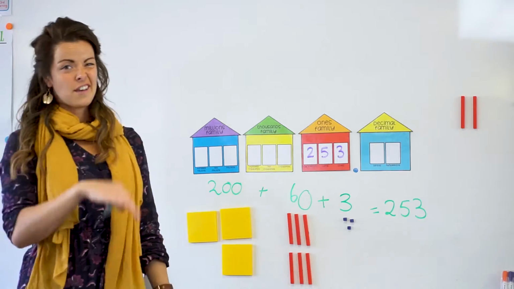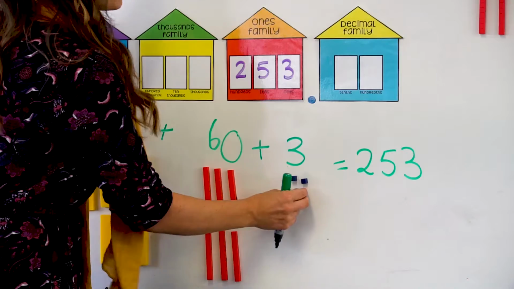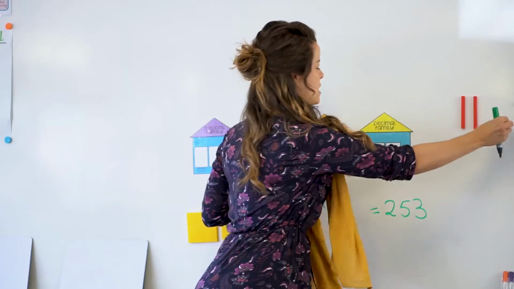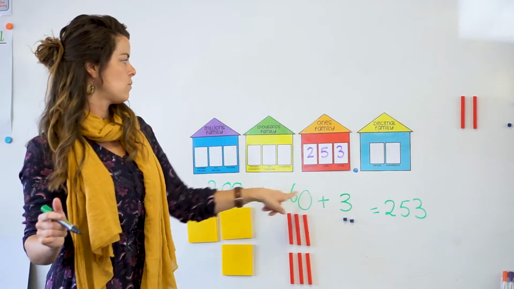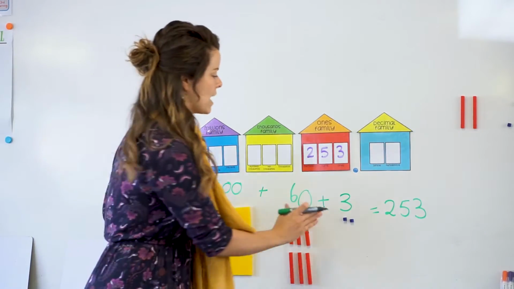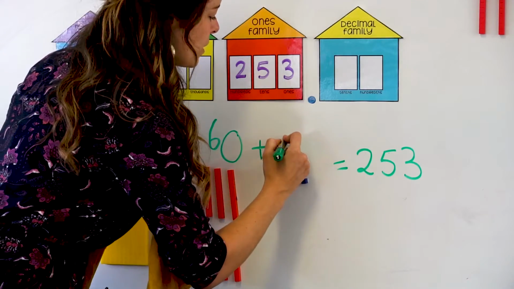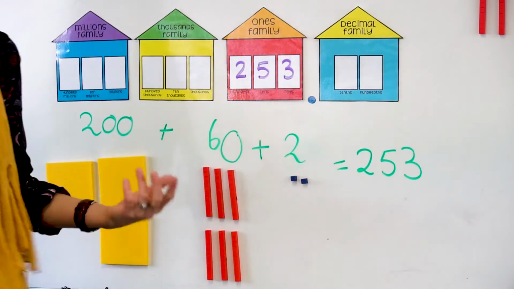And you can also go the other way. I might say, what would happen if I took away one of the units? How would I change my place value mat, and what would this now look like? You're hoping that they see that this would now be 2, and how would that then change my answer?